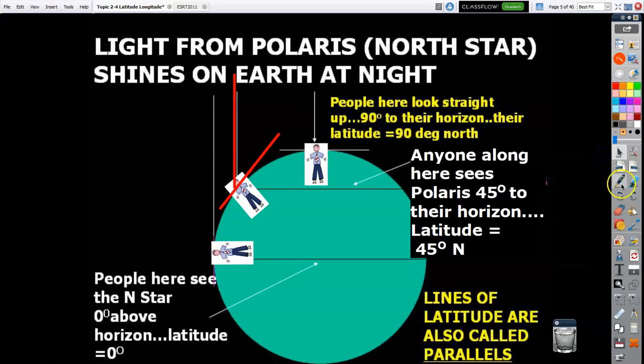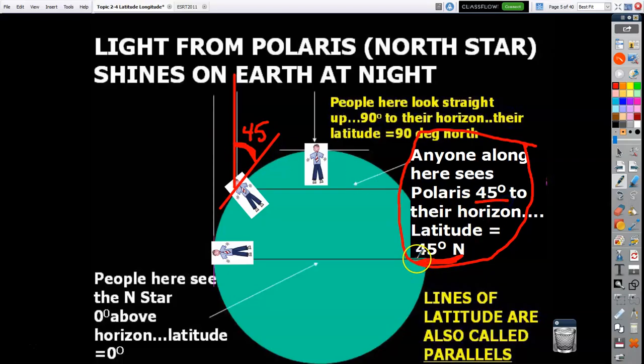He's looking up into the sky, and this angle right in here would be 45 degrees. And so it says over here, anybody here sees Polaris 45 degrees to their horizon, and therefore they're standing at 45 degrees north. So again, this is a 45 degree angle, and that's why you're at 45 north.